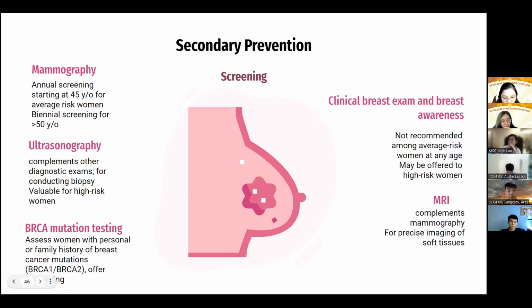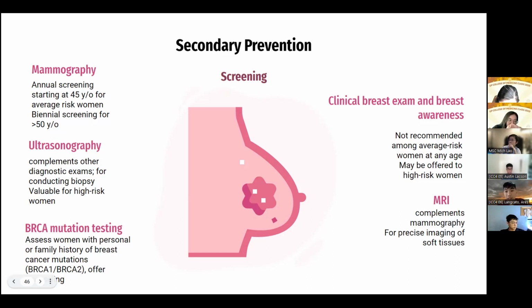Ultrasonography only complements other diagnostic exams for guiding a biopsy, and is usually low yield in specificity and sensitivity. That's why it's not really recommended. MRI is also for complementation only, and complements mammography for precise imaging of soft tissues.